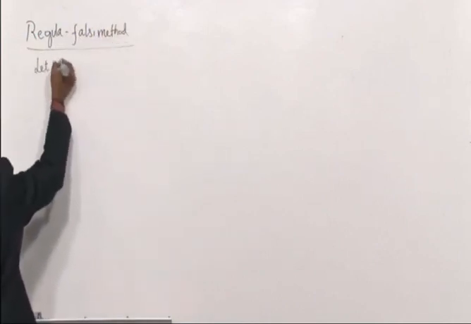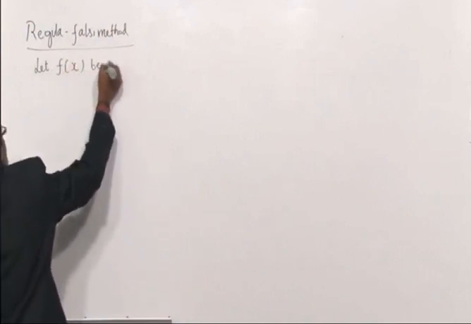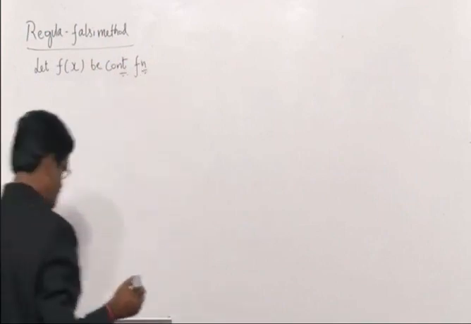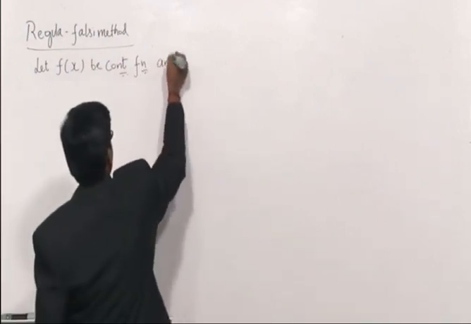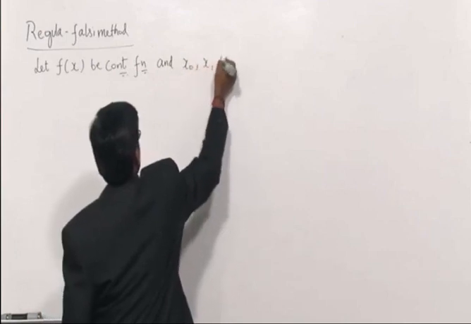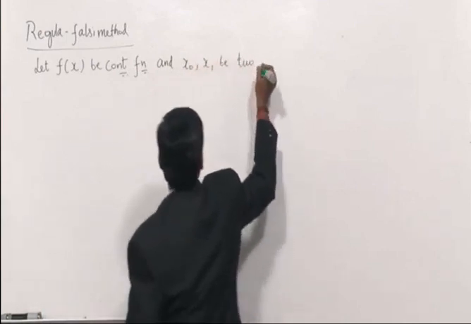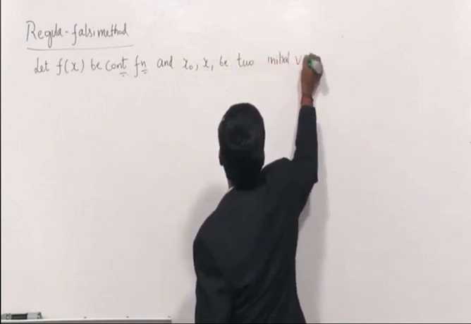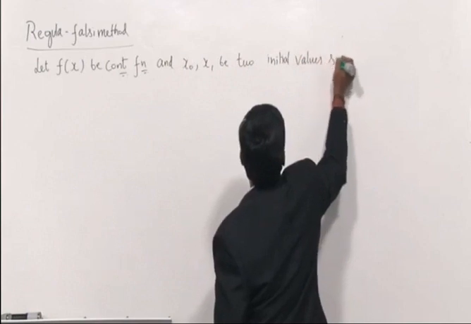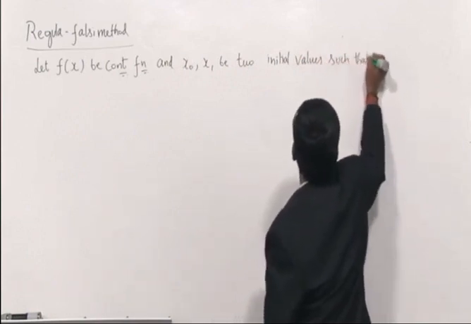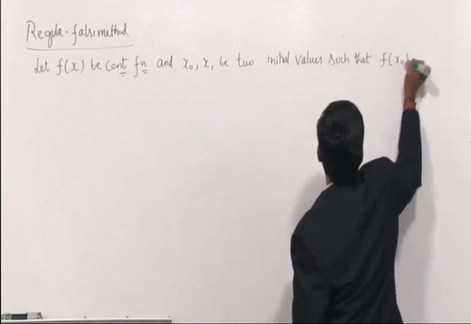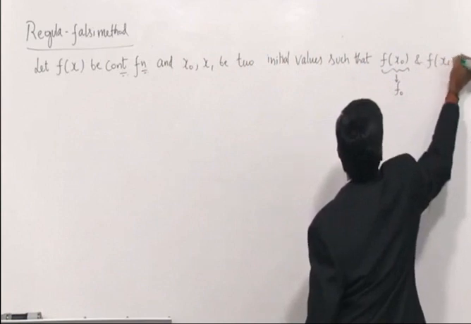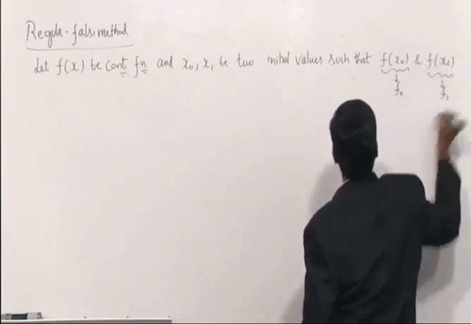Let f(x) be a continuous function and x0, x1 be two initial values such that f(x0), also denoted by f0, and f(x1) denoted by f1.